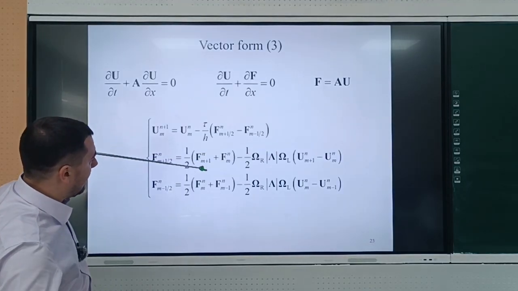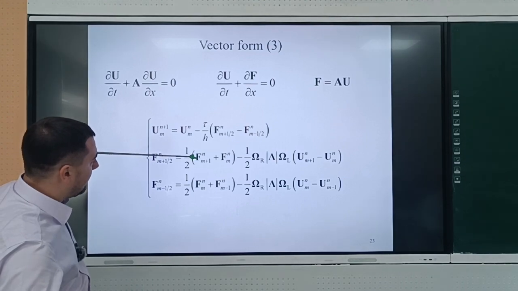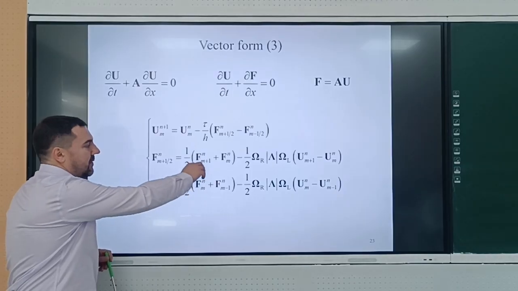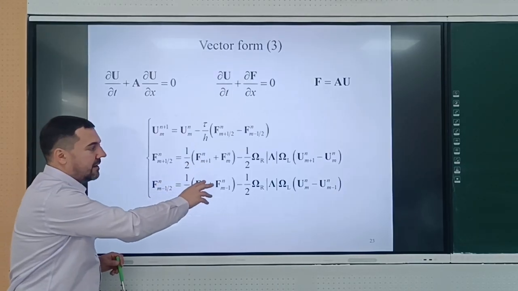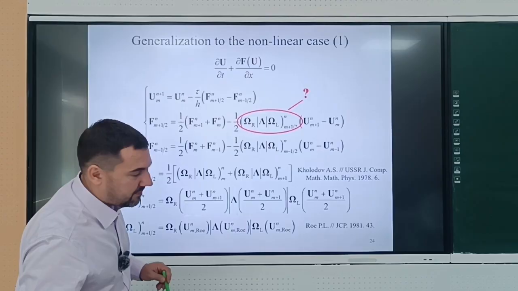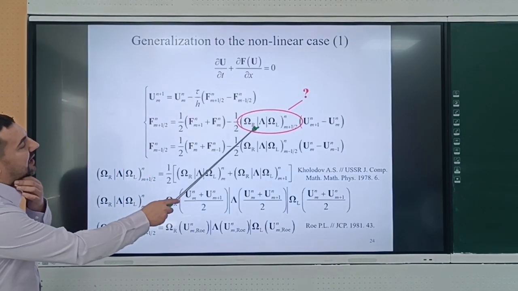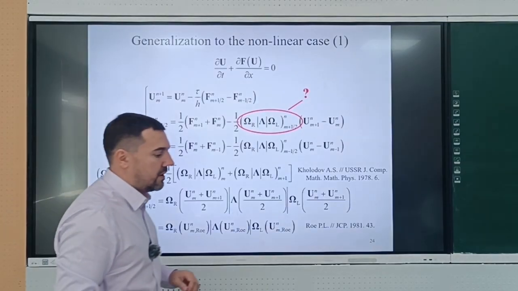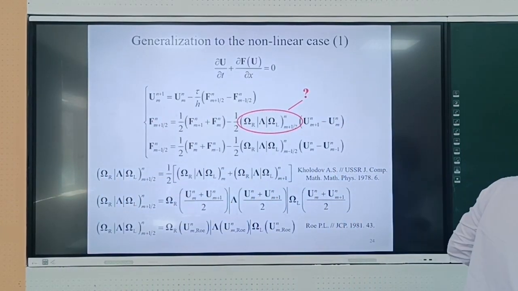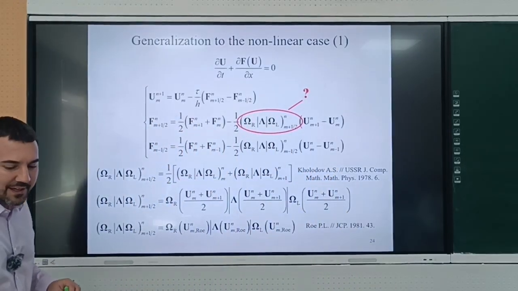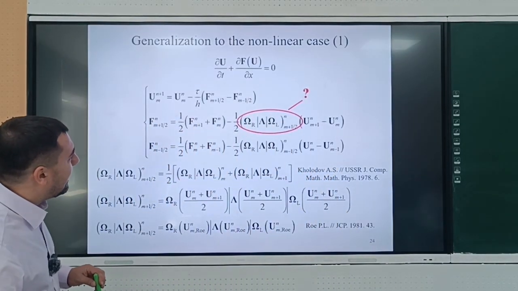So this capital F m plus 1 is just our flux computed from our grid function m plus 1, n. Okay, and the only problem, we need these matrices omega r, lambda, omega l. So how much time do we have? We still have some time. I think maybe it's a bit difficult for you, but I will show.